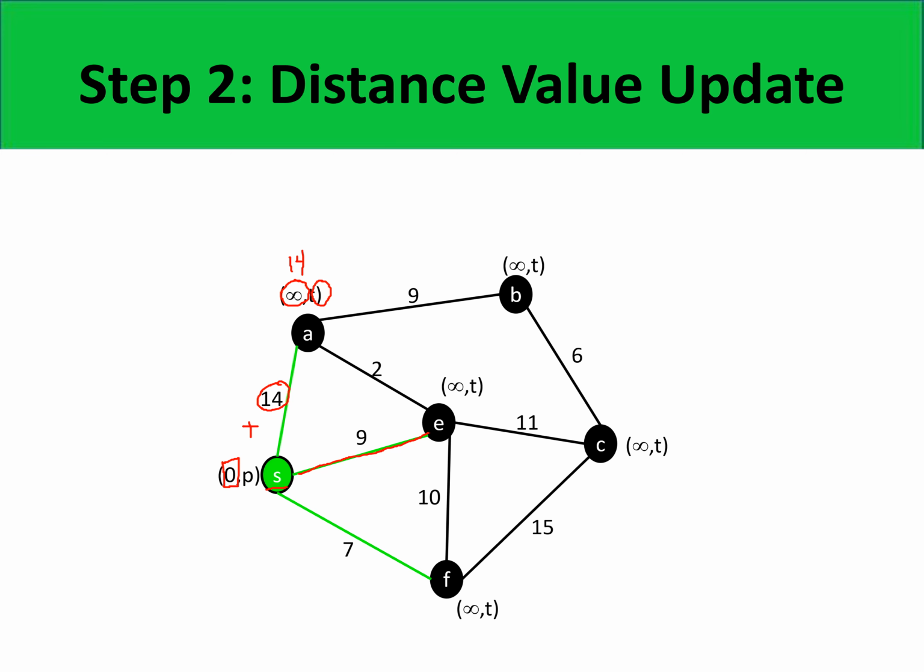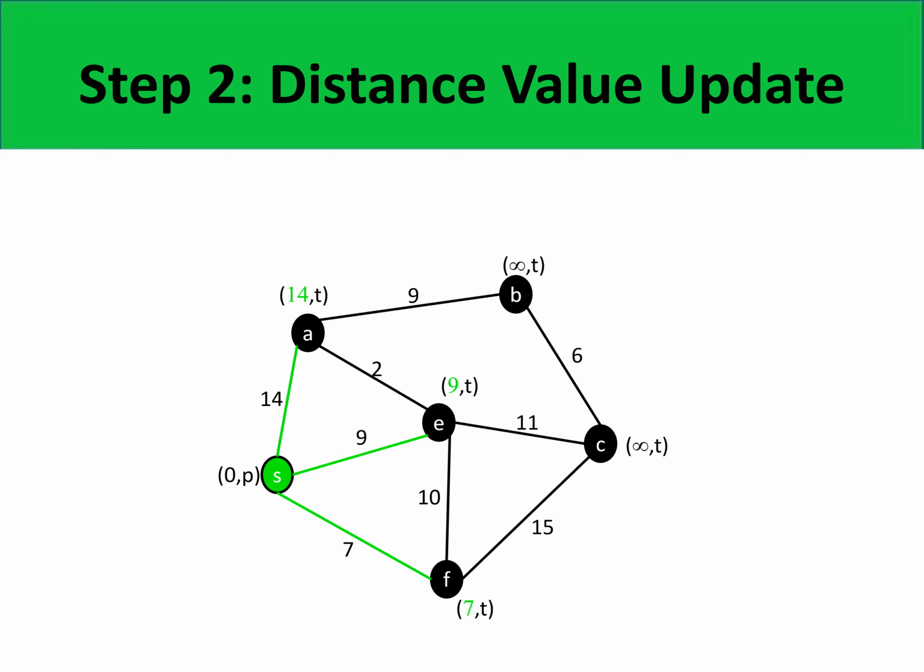Because S is adjacent to E and E is labeled temporary, we add 0 and 9, and then we get a sum of 9, which is less than infinity. So 9 will replace infinity. And then also, since S is adjacent to F, and F is labeled temporary, we add 0 and 7. So the sum would be 7, and that would replace infinity. And then we get the following.